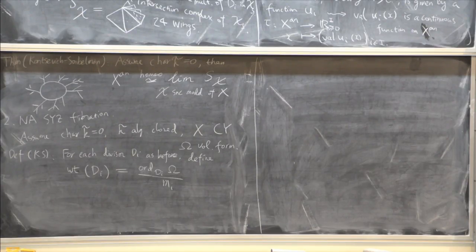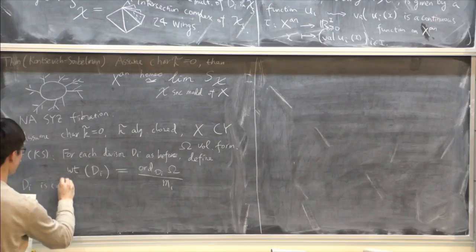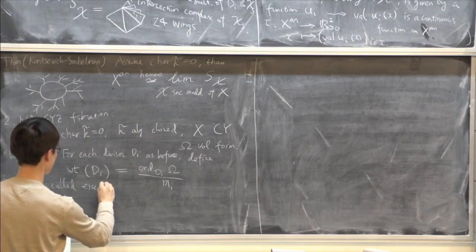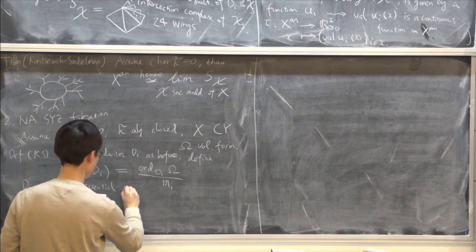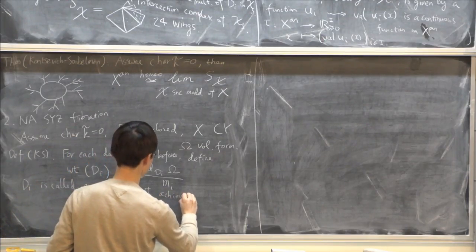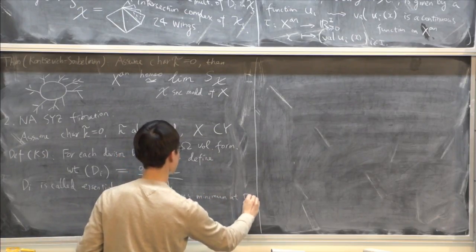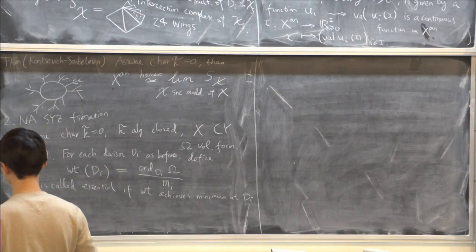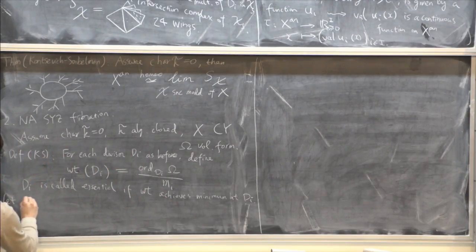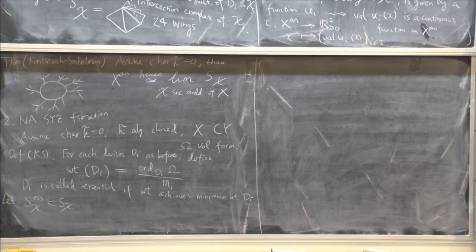So we have a definition: D_i is called essential if the weight function achieves its minimum at D_i. The normalization is because I can multiply omega by t, and then the orders shift.